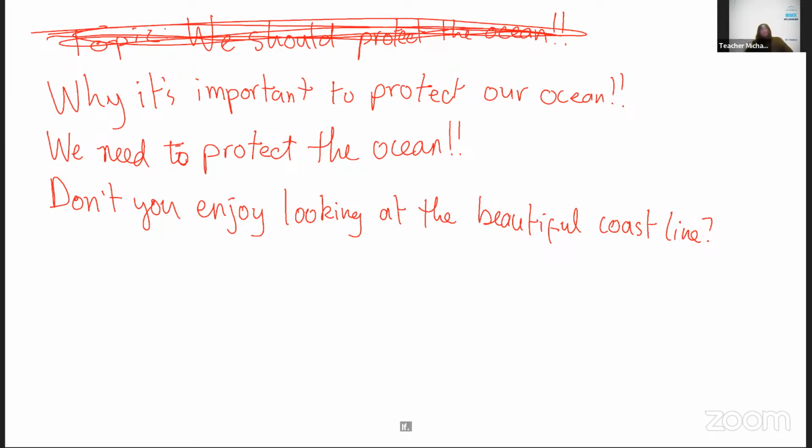All right, someone help me out here. So we need our first reason. So our reason is if we don't protect the ocean, it could have very hazardous effects on the rest of the environment.